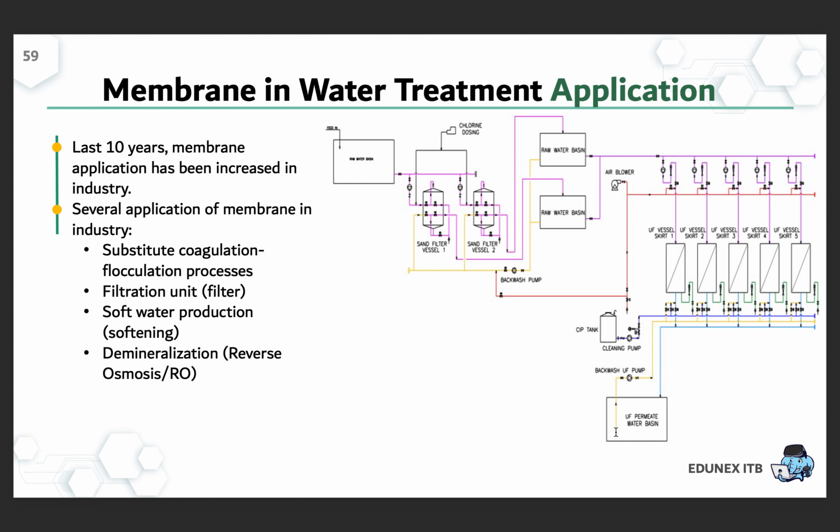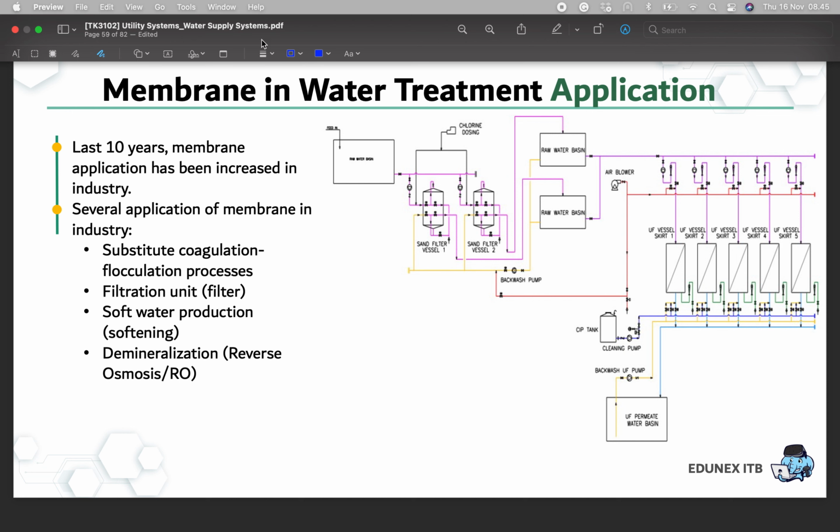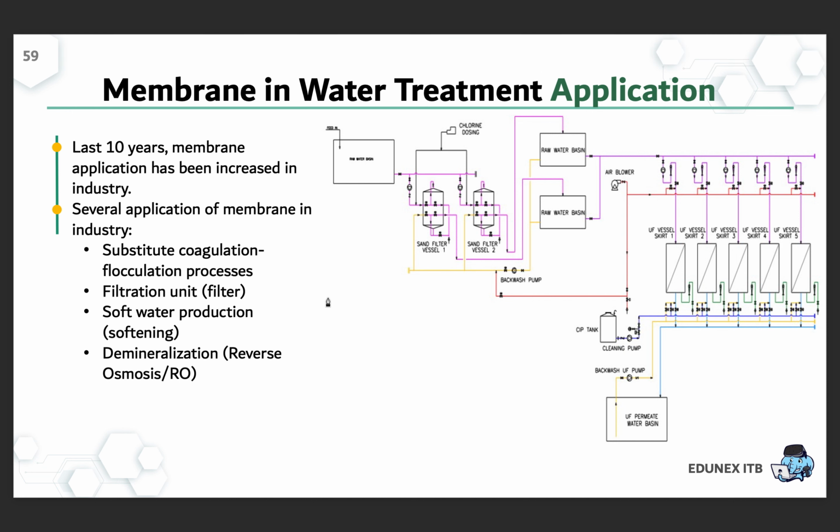Okay, the next one is the membrane in wastewater and water treatment applications. Basically we have a lot of membrane types that can be used in water treatment, but here I will explain the most used membrane in water treatment, which is the pressure-based membrane. The pressure-based membrane operates based on pressure difference as a driving force.